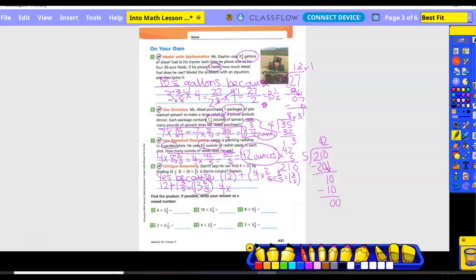4 over 1 times, put my little multiplication plus sign. What is 5 times 3? 5 times 3 is 15 plus 2 is 17/5, right? Which 17 times 5, 5 carry the 3, so 85, right? 85 divided by 5.